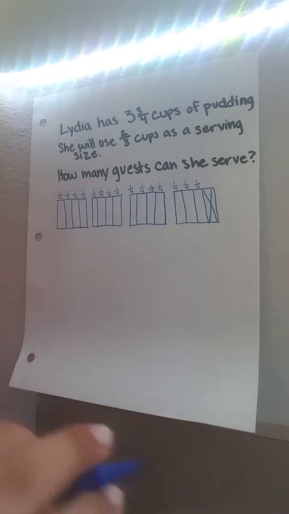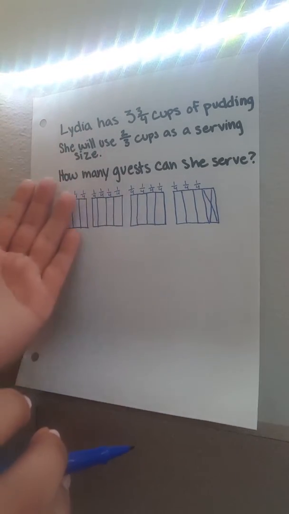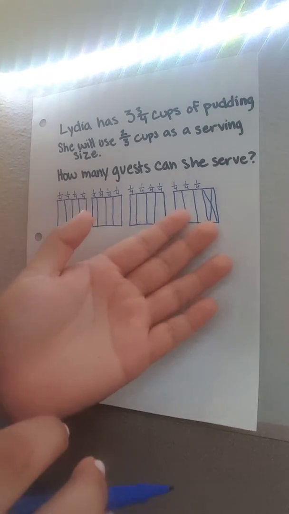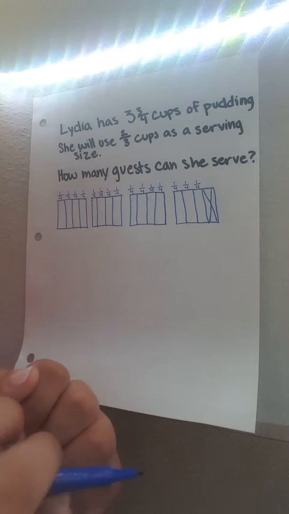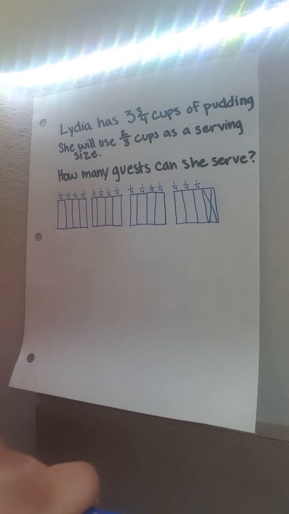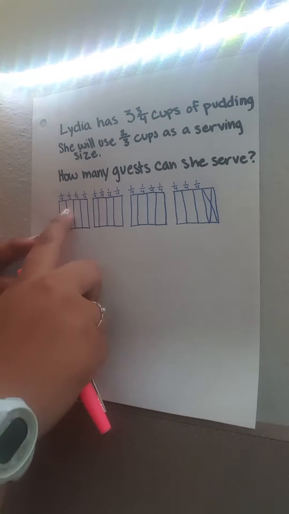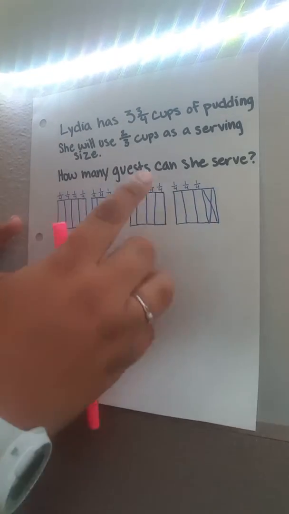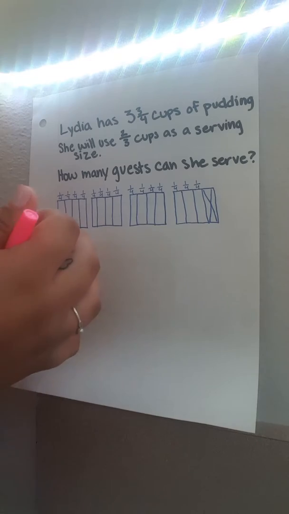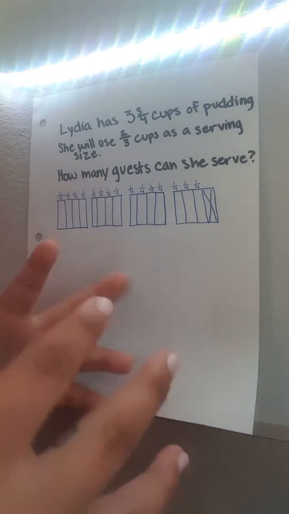And now we can move on to the next step, which is we want to split every cup into thirds, because it says she will use 2/3 cups as a serving size. I'm going to get a different marker so that it doesn't throw us off with all these lines. We're just going to pretend that these little bars that split all of these cups into fourths aren't even there, because we want to use 3/3 as a whole now.